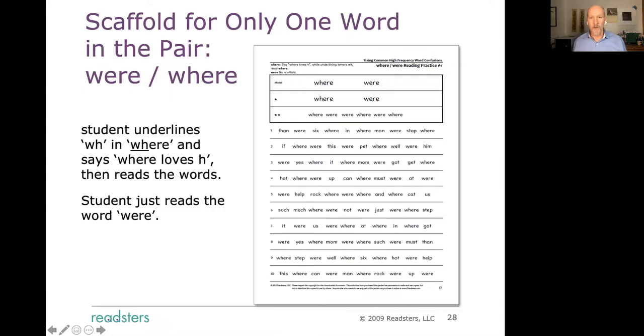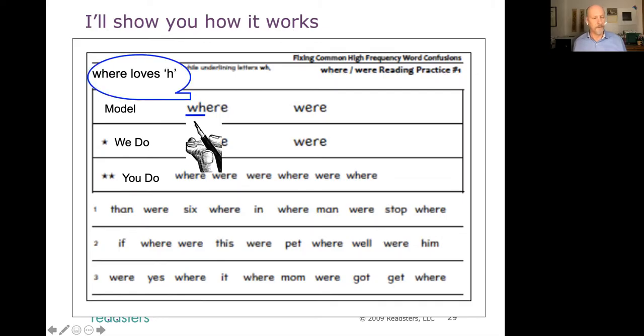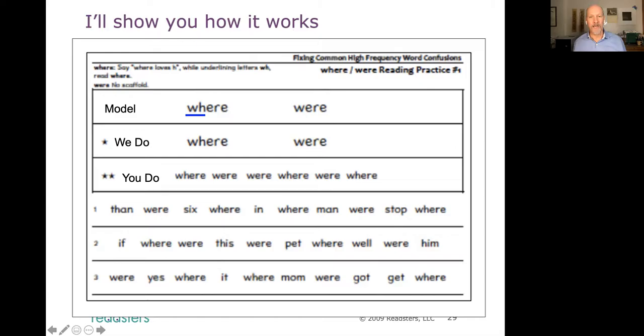Here's where were, same kind of setup. And here we only have the one scaffold, so it's, excuse me, not woo. It's where loves H, where. And were, no H, so we don't underline anything and we just read were. So where loves H, where, were.